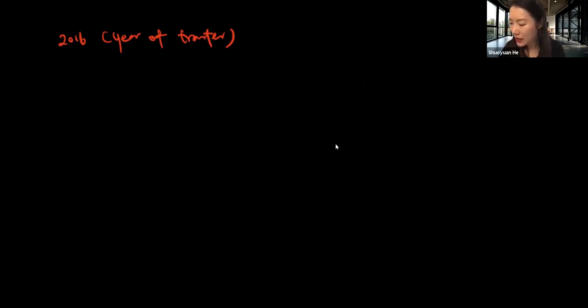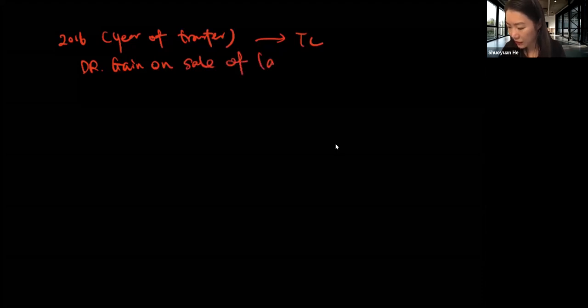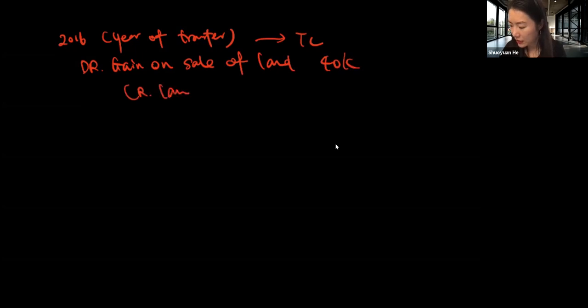Let me just write the entry again. In 2016, the entry we have is the TL entry, which is to debit gain on sale of land for 40,000, credit land for 40,000.